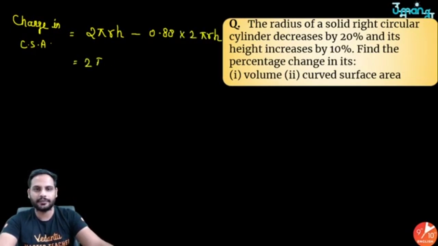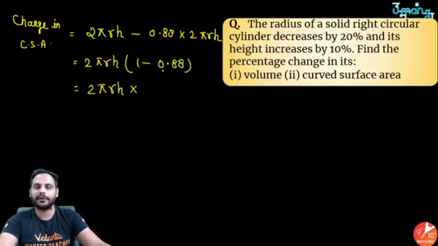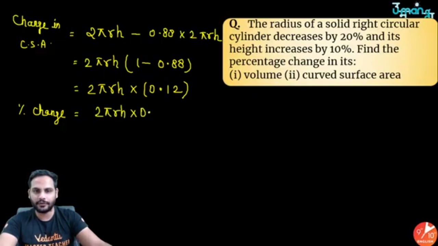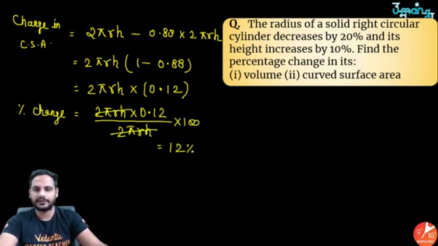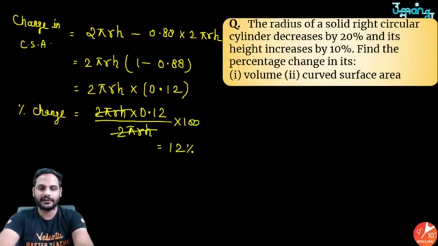So you can take 2 pi r h common, and you are left with 1 minus 0.88, which is equal to 2 pi r h into 0.12. Correct? So the percentage change will be the change in CSA, which is 2 pi r h into 0.12, divided by the original CSA, which is 2 pi r h, into 100. This cancels with this. 0.12 into 100 is 12%. So the change in CSA is 12%.